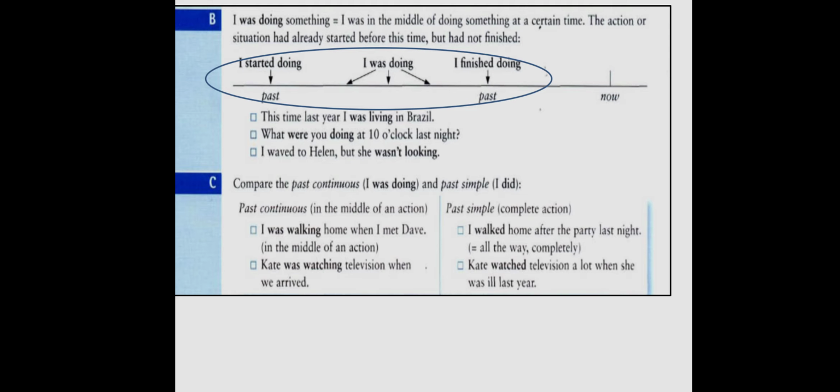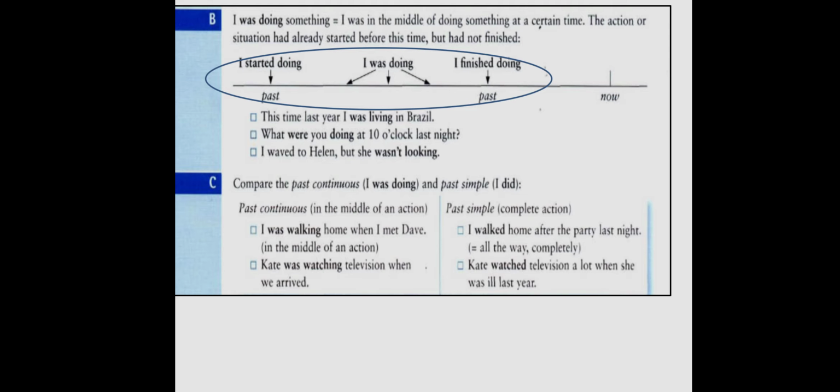But what comes after when directly is past simple, and the other tense is past continuous. So I met Dave and I was walking. I was walking before I met Dave, and after I met Dave, I continued walking in the past. So it was in the middle of an action.